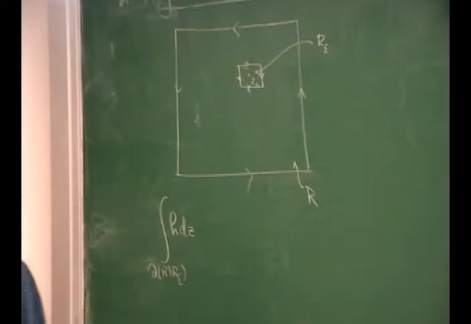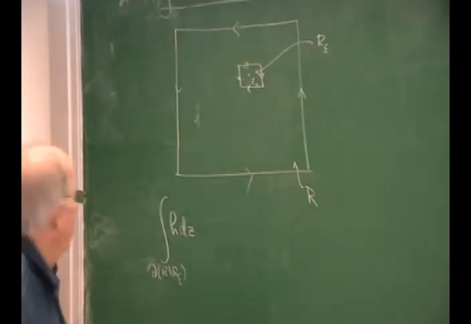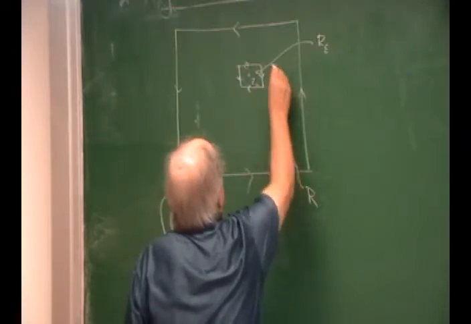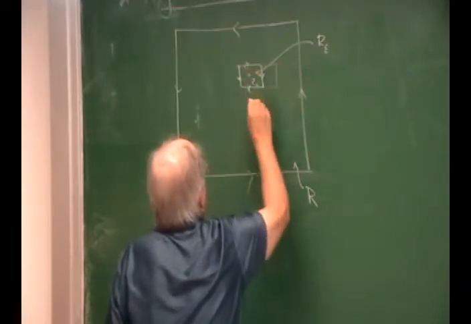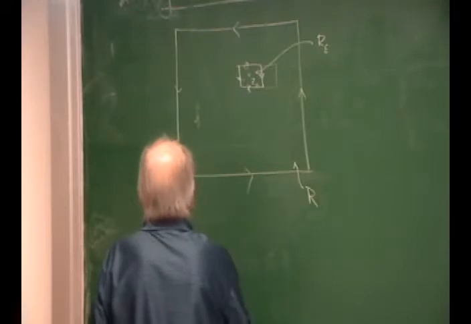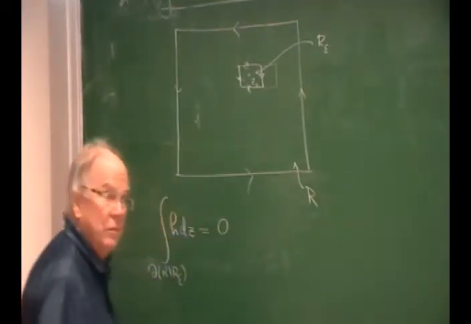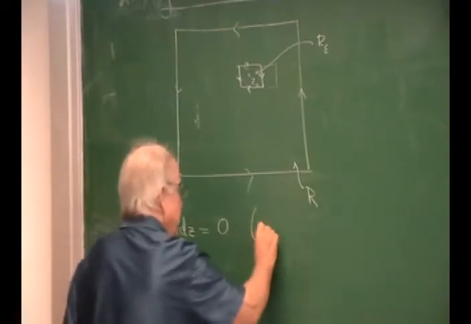So I pull out a small square, and of course I use the same technique, which gives the same type of estimate. This is 0.